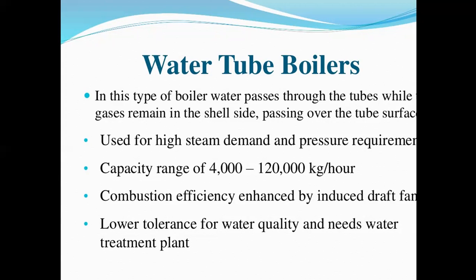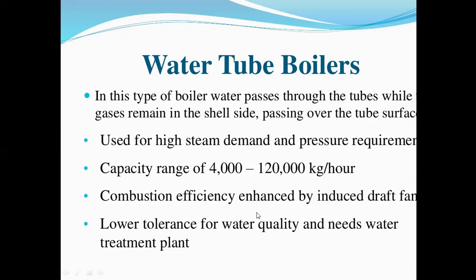Its steam generation capacity is about 4,000 to 1,20,000 kg per hour. So these are used in high capacity applications, in large scale industry. Examples of water tube boilers are the Lamont boiler and Benson boiler, which are modern boilers.